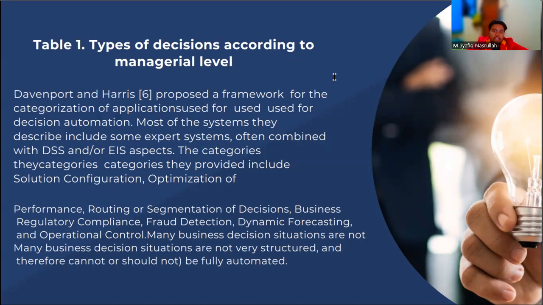They categorize, provide, include solution configuration, optimization of performance, routing or segmentation of decisions, business regulatory compliance, fraud detection, dynamic forecasting, and operational control. Many business decisions are not very structured and therefore cannot or should not be fully automated.